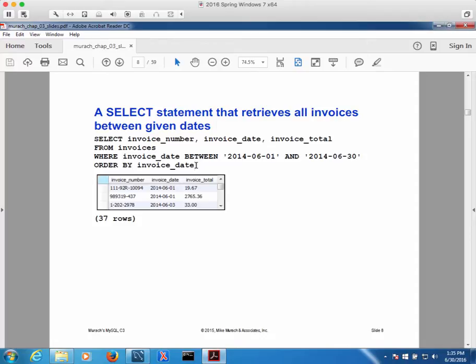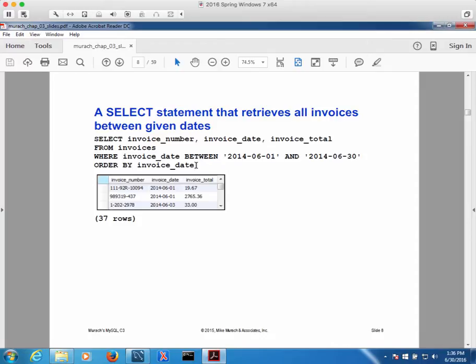Okay, here's one that's pretty useful. One of the types that we have for data in SQL is a date, okay? And so what we're doing here is that we're trying to compare dates. So we're asking for 3 columns: invoice number, invoice date, invoice total, from invoices again, where invoice date is between, and then we have 2 dates, 2014-06-01 and 2014-06-30.